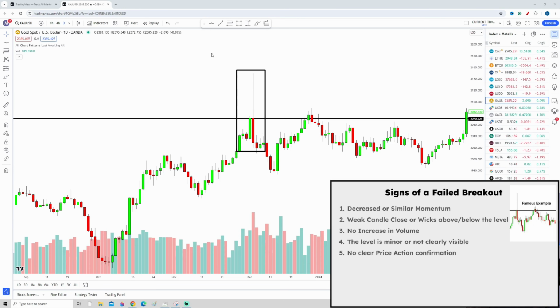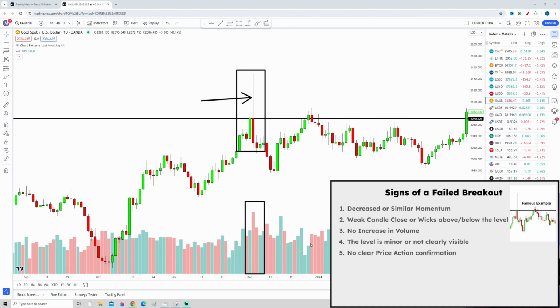The other sign of a failed breakout is that we either have a weak candle close above, or that we are seeing wicks above or below the level. And in this case, you can see that we had a massive wick right above the level. As for the volume, you can see that we actually saw increased volume, and this is a good sign of a breakout, right?